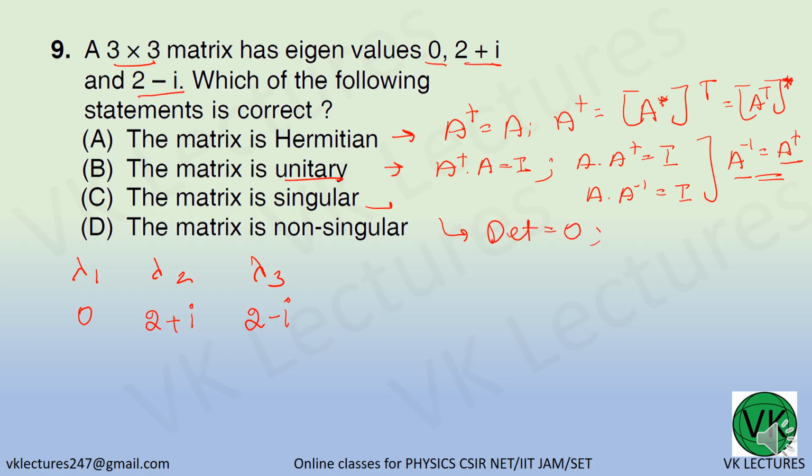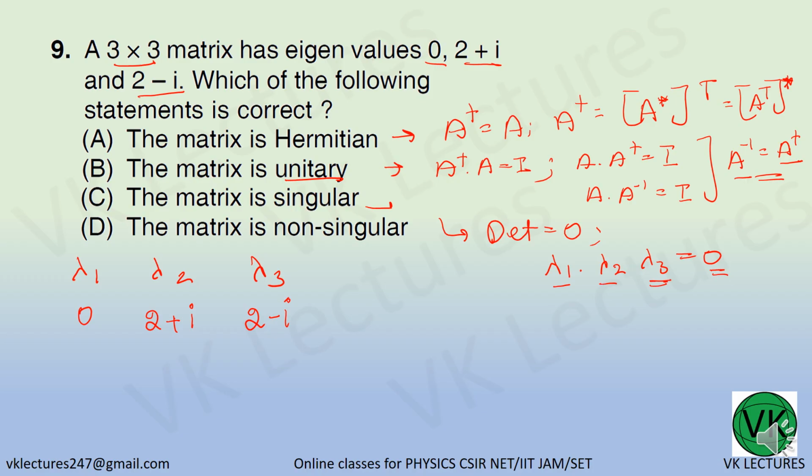Determinant equal to 0 means lambda 1, lambda 2 into lambda 3 equal to 0. Either any one of them should be equal to 0. Product is the determinant, so any one of the eigenvalues must be equal to 0.